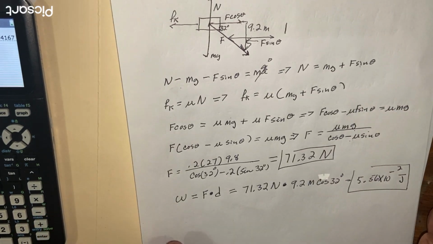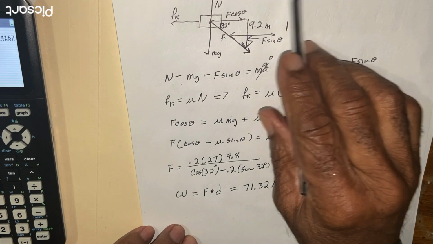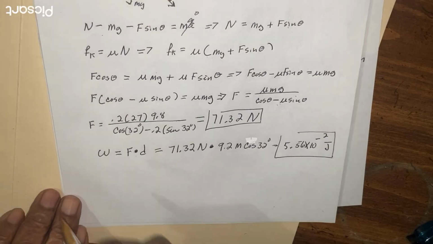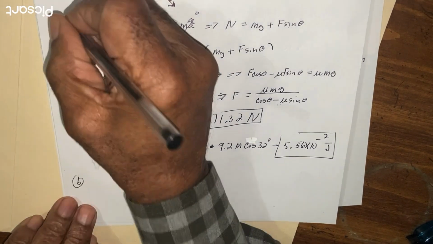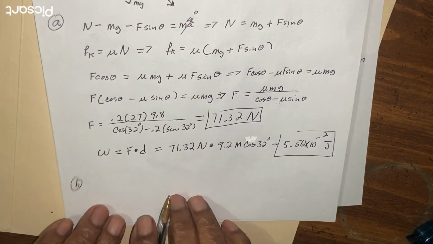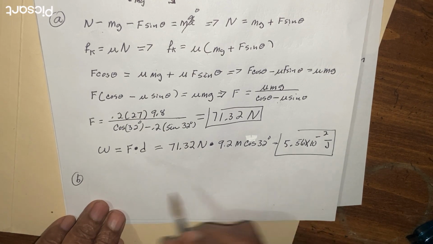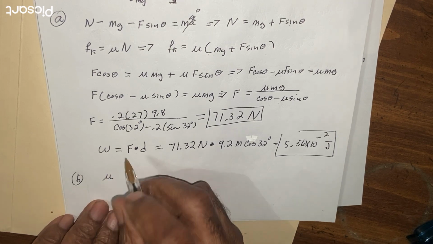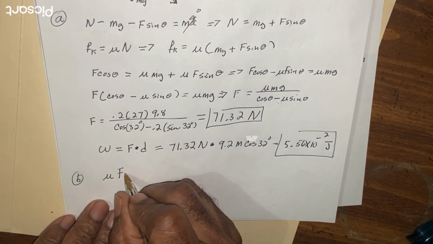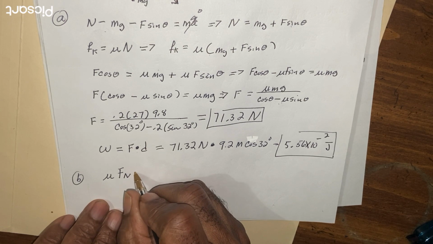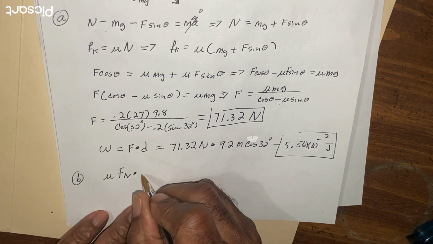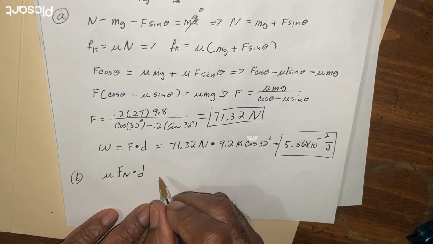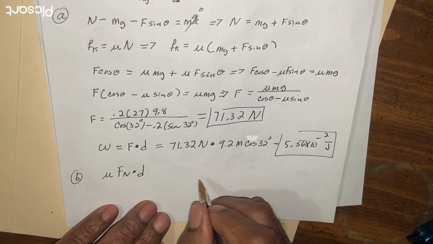Now, part B wants to know the increase in thermal energy of the block-floor system. So part B, increase of thermal energy. That'll just be the frictional force, which is mu F_N, times the distance. So that'll be the increase in thermal energy.